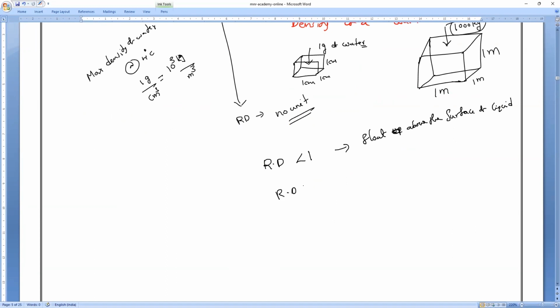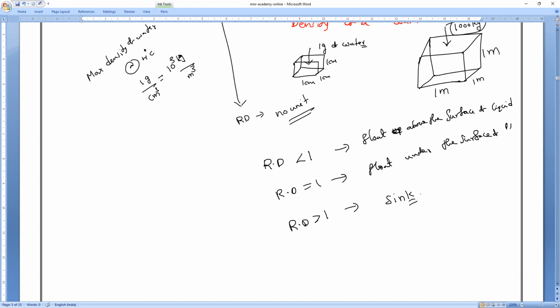If RD is equal to 1, it floats inside, under the surface of the liquid. If RD is greater than 1, then the object will what? Everybody? The object will sink. It will settle down at the bottom of the liquid. That is what you have to remember.